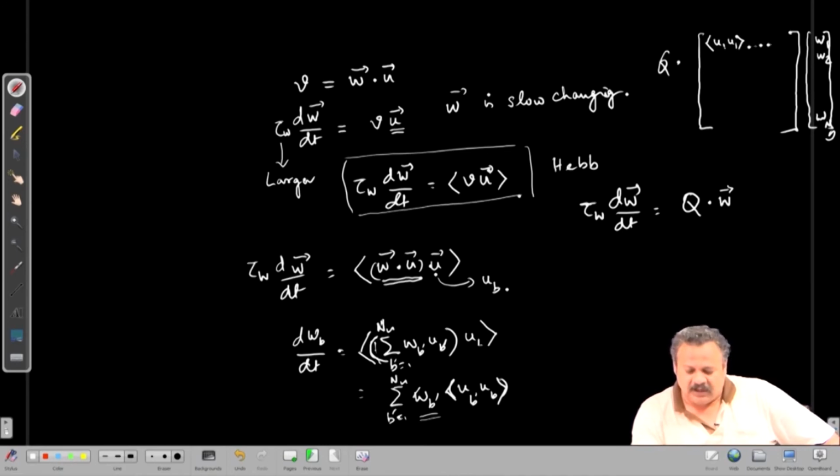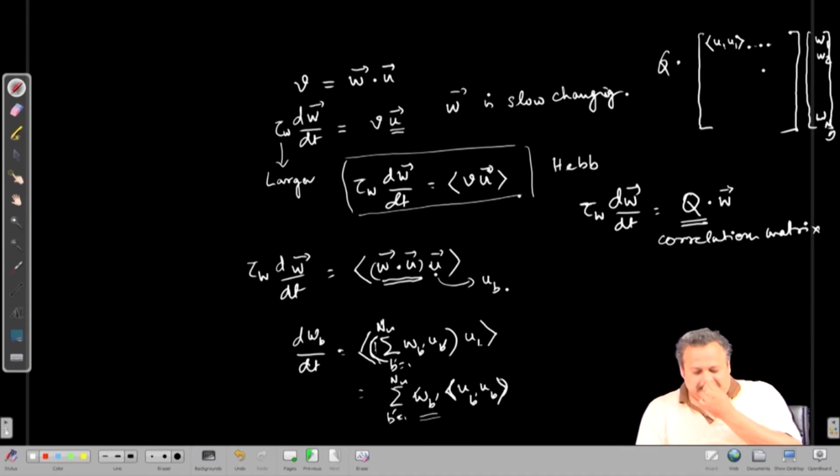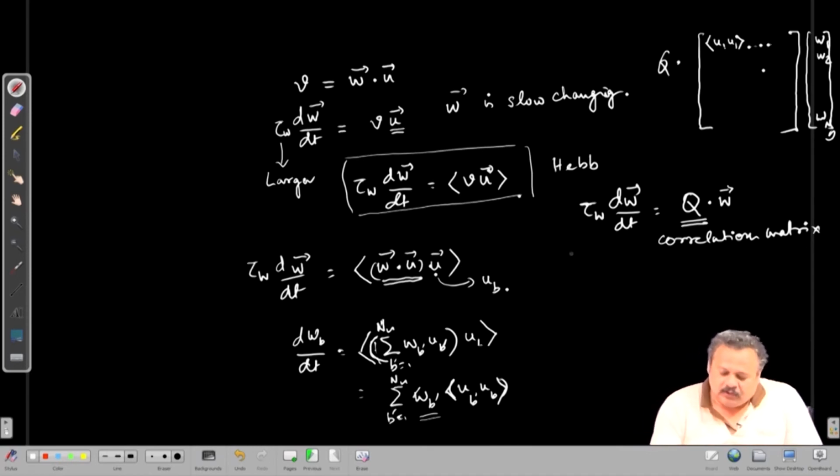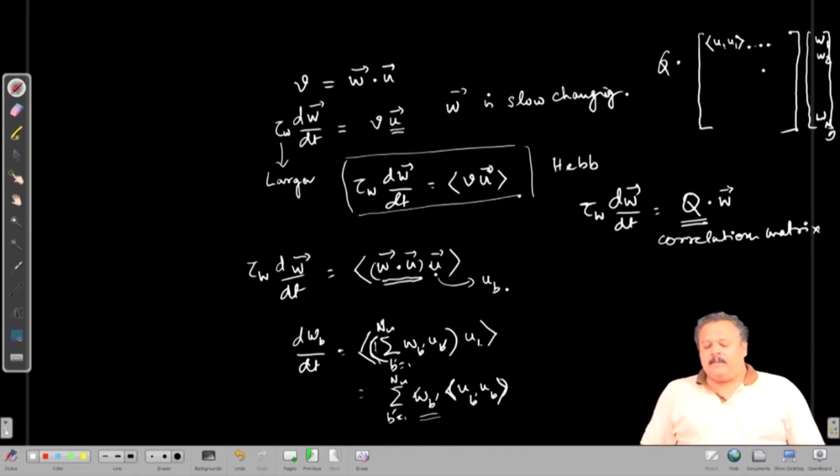Each of these terms is the average of the product of the input rates in each of the input neurons, and so this is the correlation matrix. This is also called the correlation based learning rule.